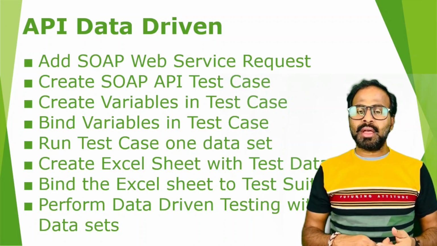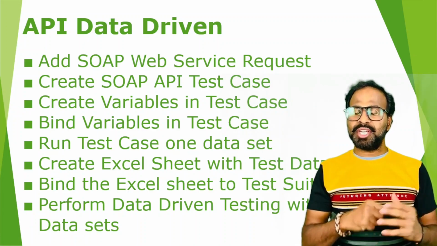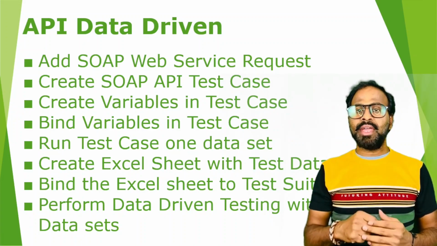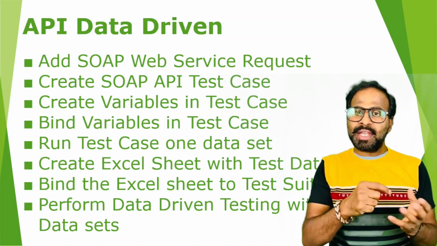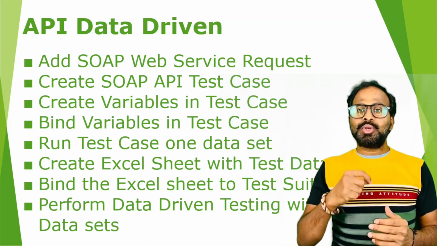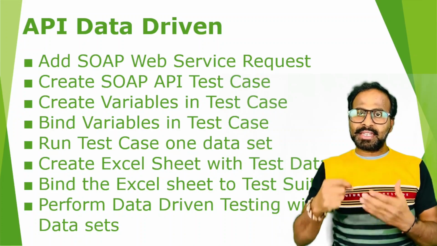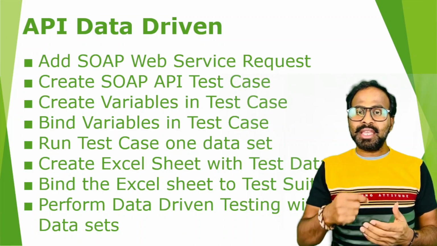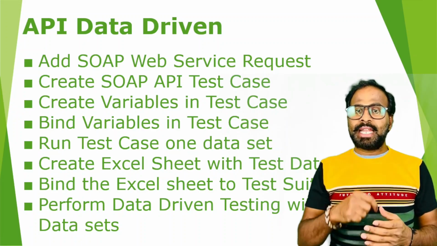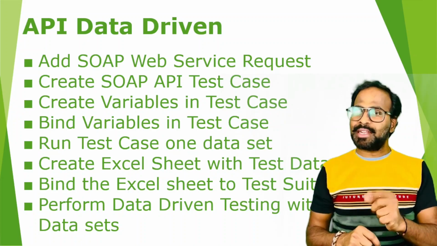And then I'm going to teach you creation of an Excel sheet with multiple data sets, and then binding the Excel sheet to the Katalon Studio so that you can drive the test data with different data sets while running the automation script. Basically, you can perform data-driven testing with multiple data sets by using Katalon.